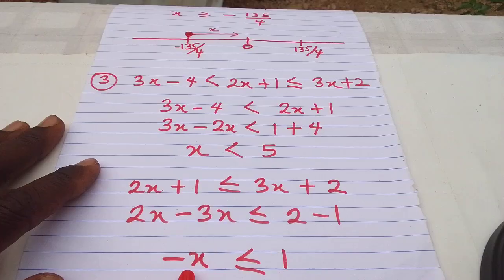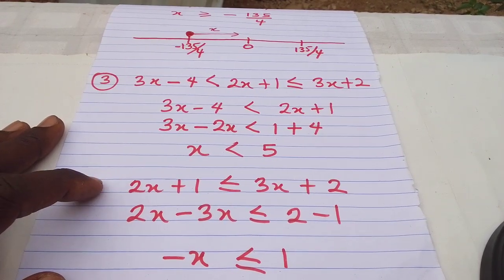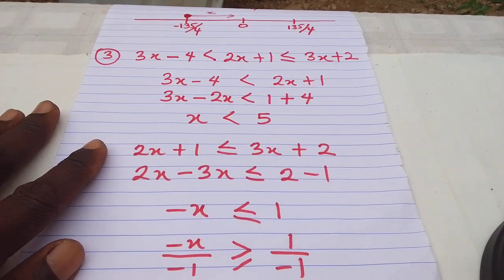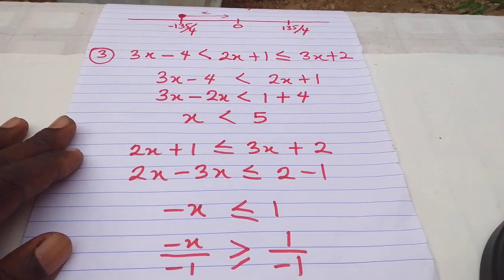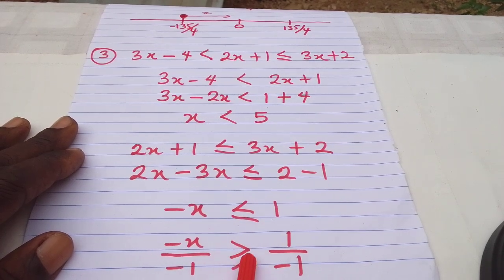We are looking for x, not minus x. Because of that, we are going to divide both sides by minus 1. Because we are dividing by a negative value, this sign here will change to the opposite sign.